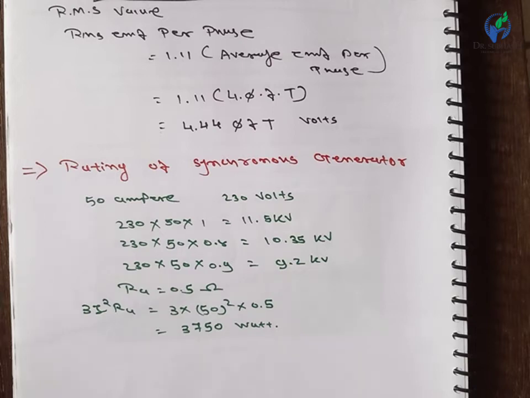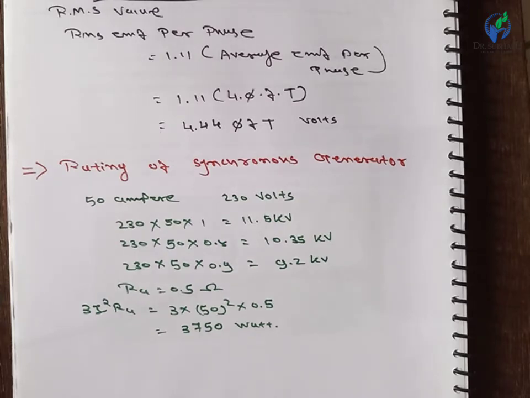The iron losses also cause heating of a machine. The iron losses are proportional to the voltage. Since all electrical machines operate at a constant voltage, the iron loss is constant. It produces constant heating of a machine.